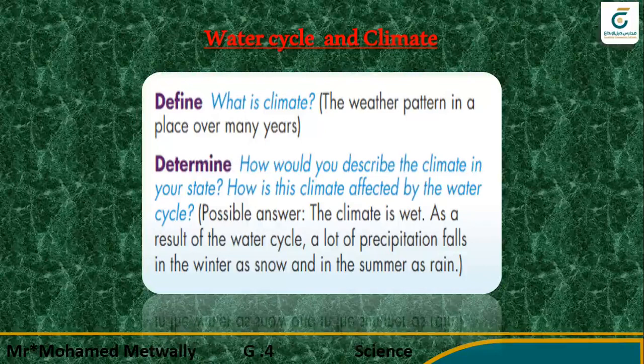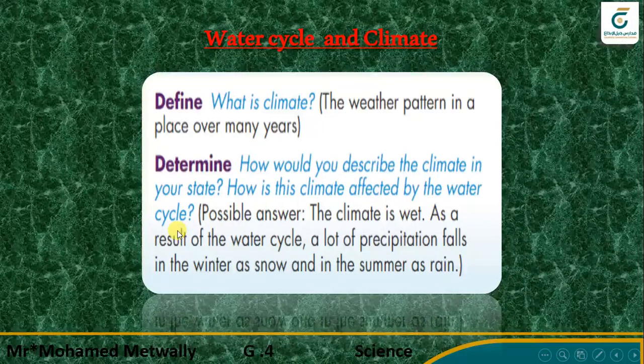No, it's the pattern of weather in a place over many years. The second question is to determine: how would you describe the climate of your state? It depends upon your state, whether it is near the ocean or any body of water, or far from any body of water. So how is this climate affected by the water cycle?